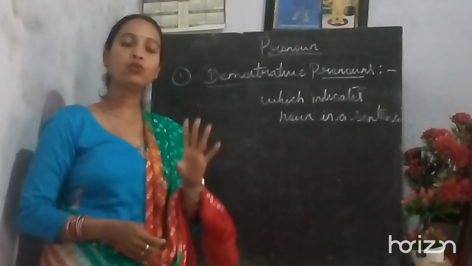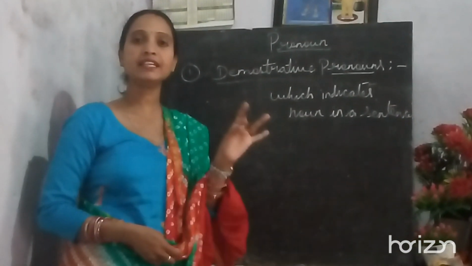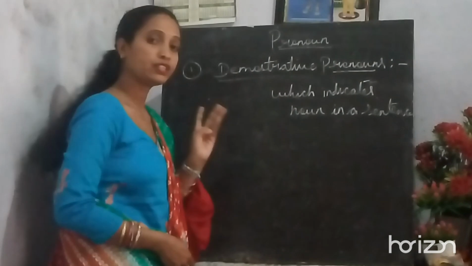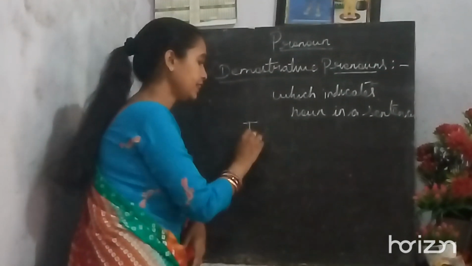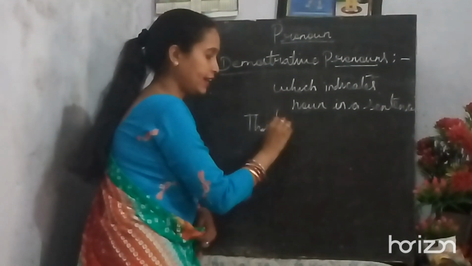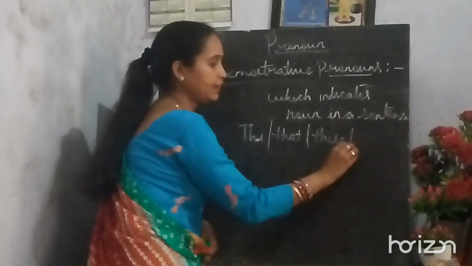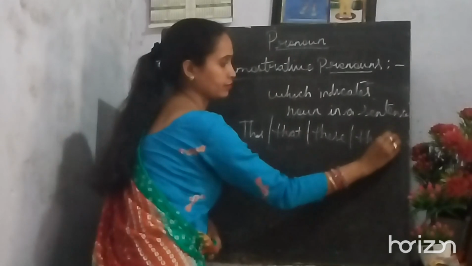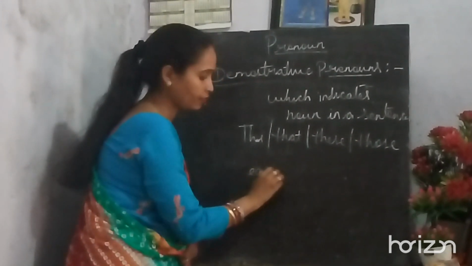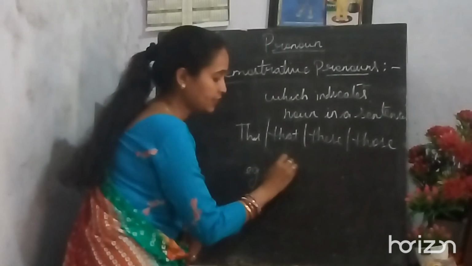In this, basically 4 words are there. What are the 4 words? That is this, that, these and those.